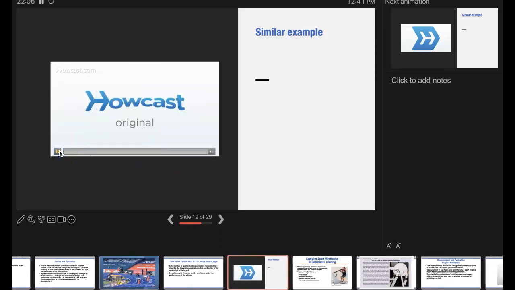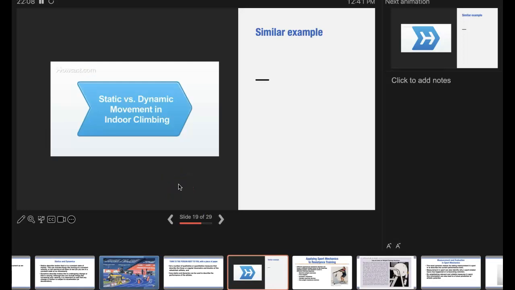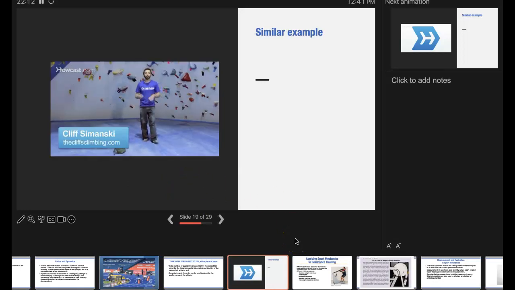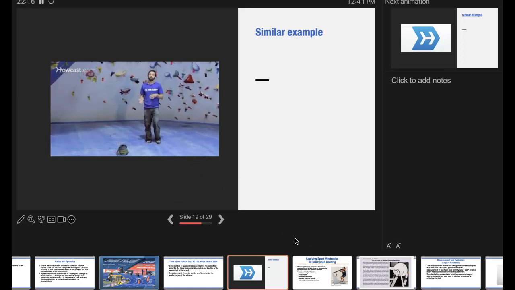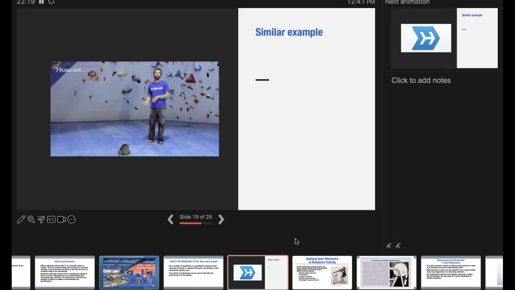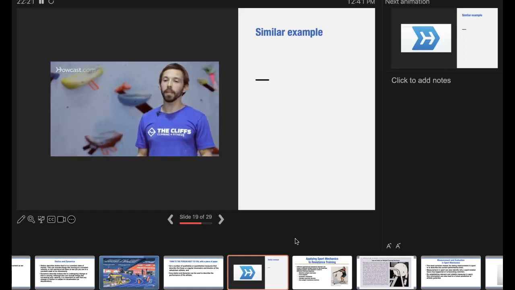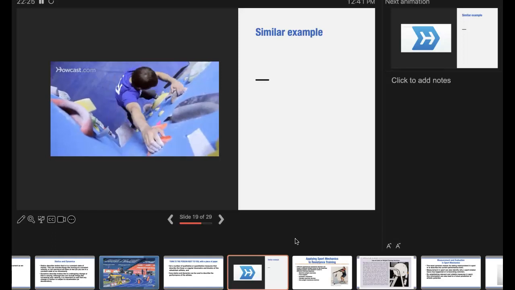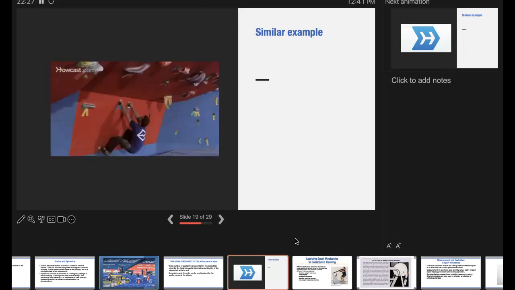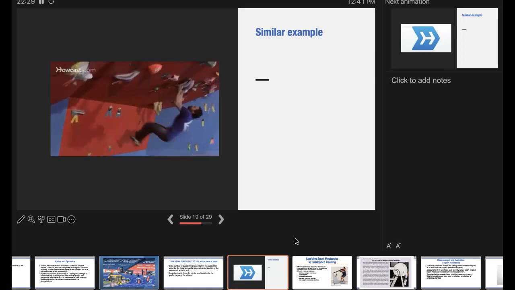So here's an example of those static and dynamics there. So when you're climbing, there's 2 easy ways to classify almost all the motion: static motion and dynamic motion. The critical difference being static motion is slow, typically more fluid, very controlled, and dynamic motion often involves more power, more momentum.